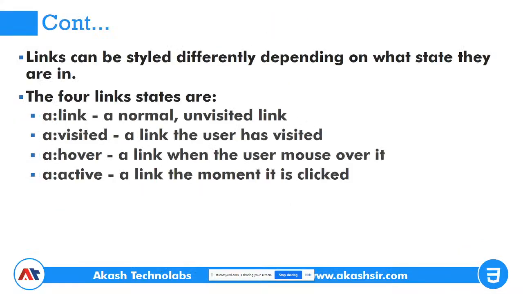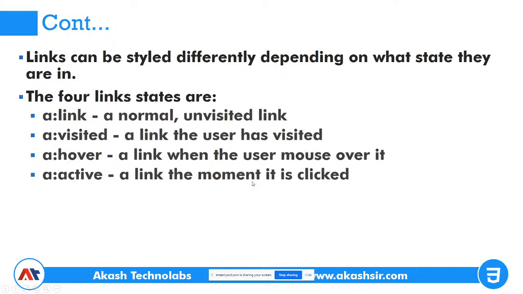Okay. So next is, let's say if you want to change the color of a link, a visited link, a hover, or active, right? And that's it. You can specify a link color for a normal link. If someone visited the link, you can specify the color for the visited link. And if I mouse over the particular link, for that you can also specify a different color.